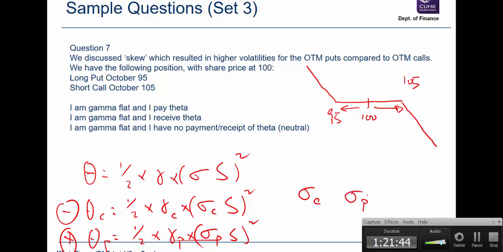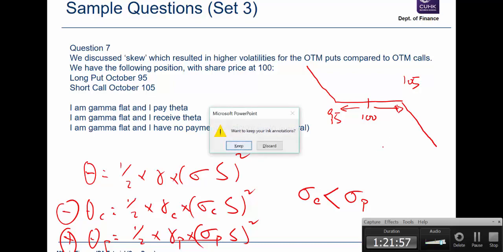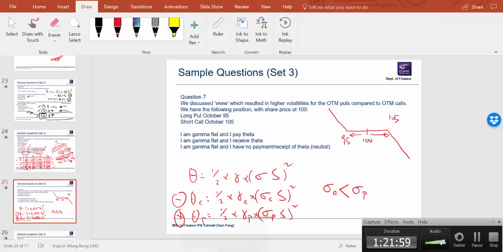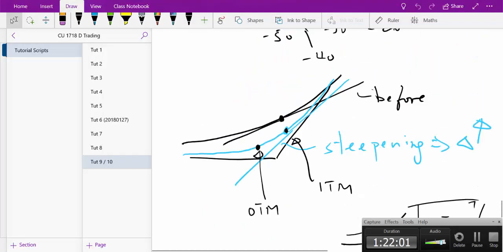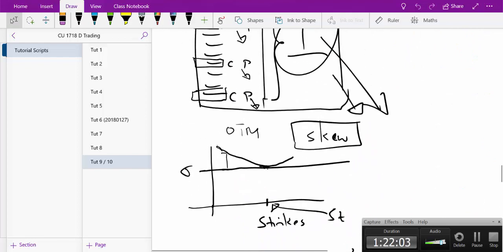What is the relationship? We've already told you that put vol is typically bigger than call vol, which goes back to a diagram I was drawing earlier about the skew.